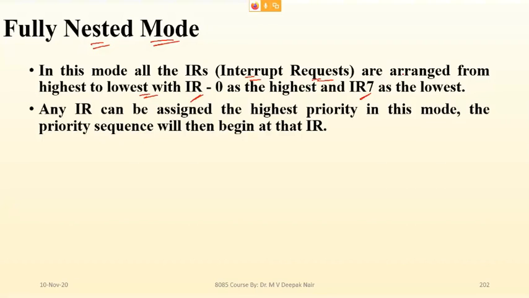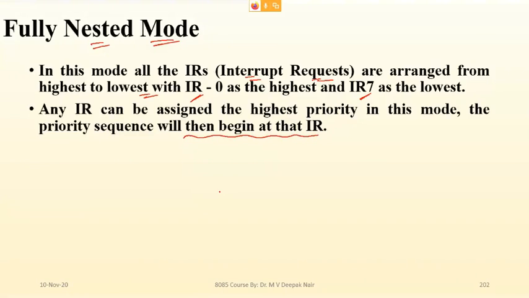Any interrupt can be assigned highest priority in this mode. It is not mandatory that IR0 will be the highest. When you enter the fully nested mode, you can give the highest priority to any particular interrupt that you like, and the priority sequence will then begin at that IR only.